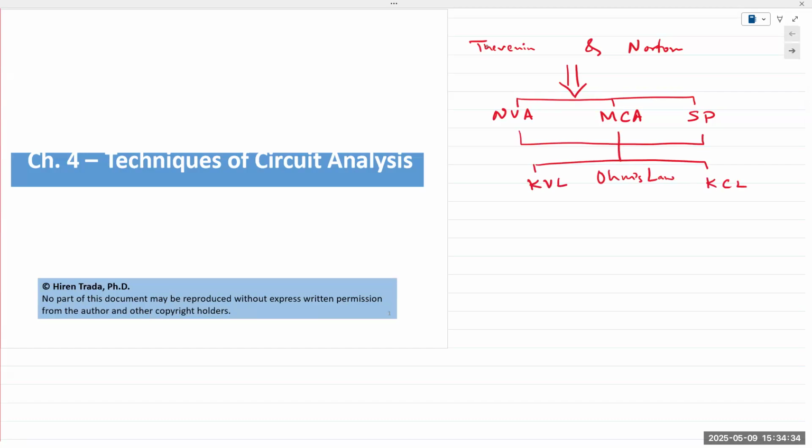Okay, so we learned about KVL, KCL, and Ohm's law in the preceding chapters. I'm going to combine them, learn about NVA, node voltage analysis, mesh current analysis, superposition, and from there we apply those techniques to determine the Thevenin and Norton circuits.